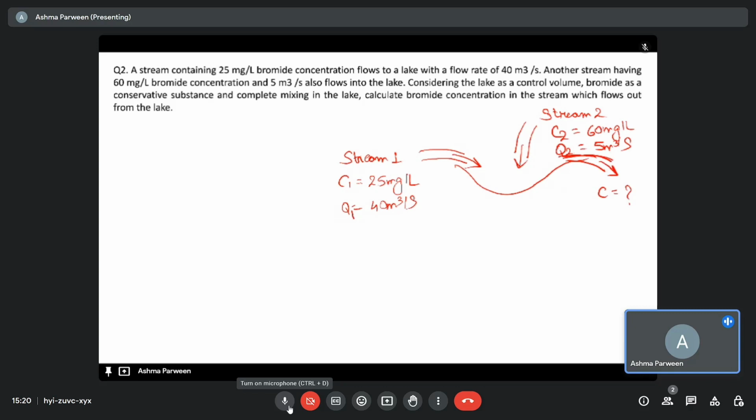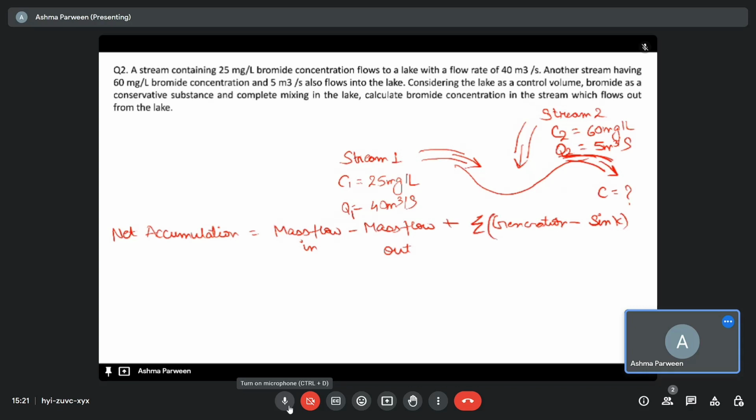So let's first write the equation for material balance. As we know, net accumulation equals mass flow in, minus mass flow out, plus summation of source, or you can write generation, minus sink.